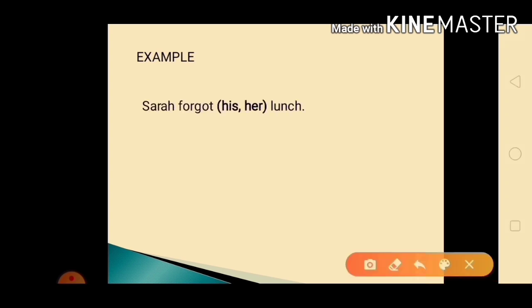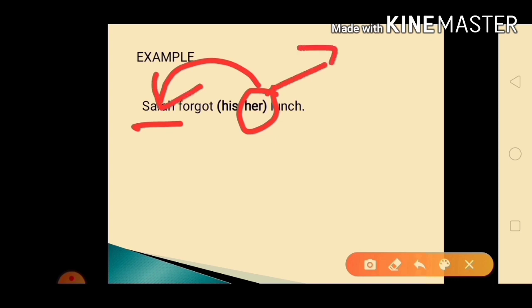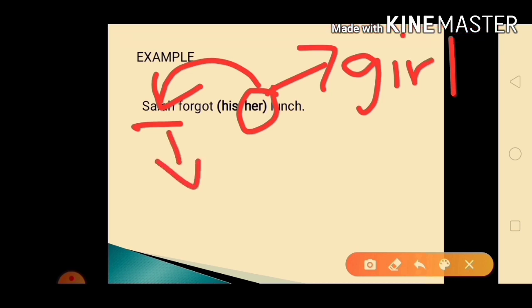So here, we will refer the pronoun to its antecedent, and we have Sarah. Sarah is a girl, right? So the pronoun we will be using is her, because her refers to Sarah, and her is for a girl, and Sarah is a girl.